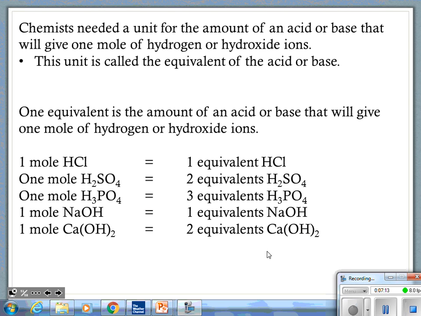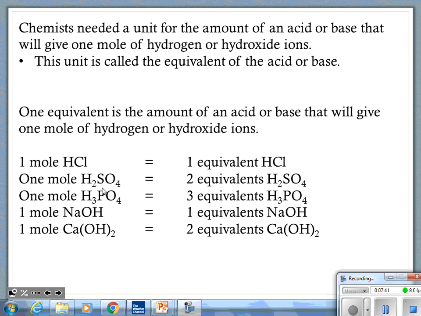So, if I look right here, 1 mole of hydrochloric acid, we stated earlier, hydrochloric acid is a monoprotic acid, so it will have 1 hydrogen ion. Therefore, it is 1 equivalent. Over here, sulfuric acid. We stated that that was diprotic.